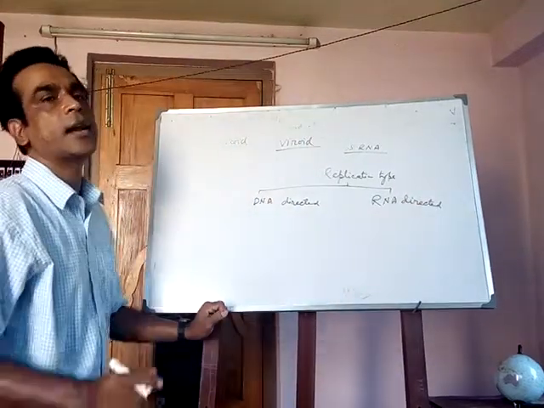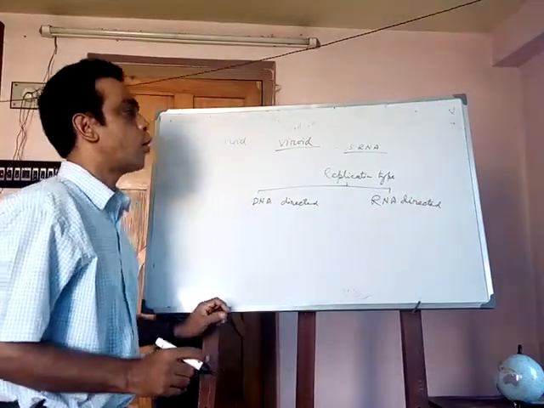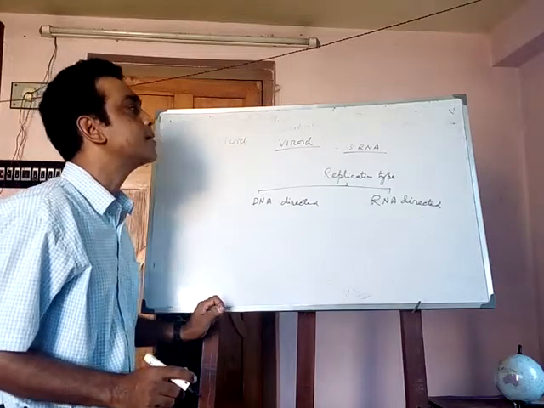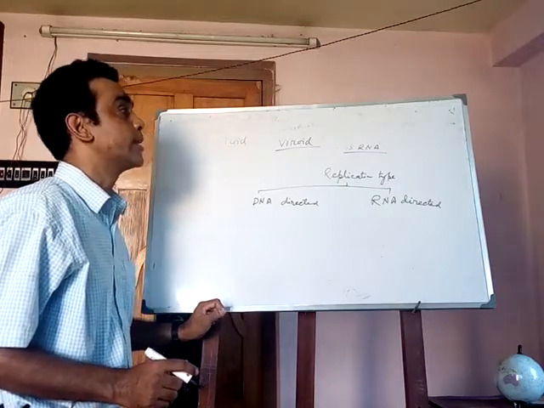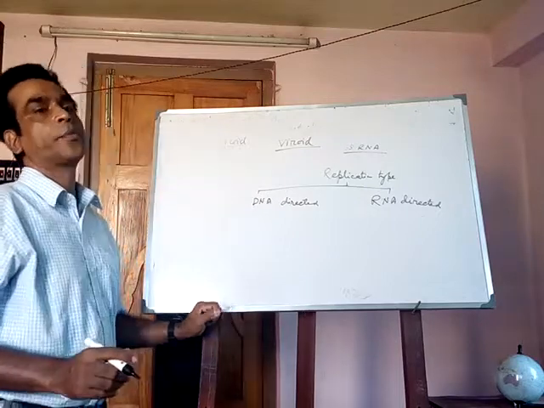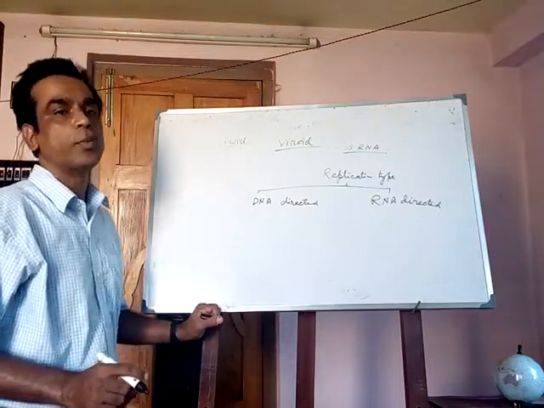DNA directed and RNA directed, two types of replication are found in single strand RNA, that is the nucleic acid of the viroid.